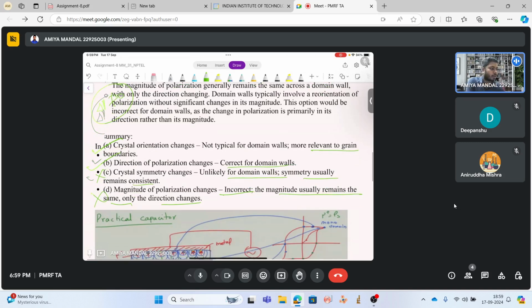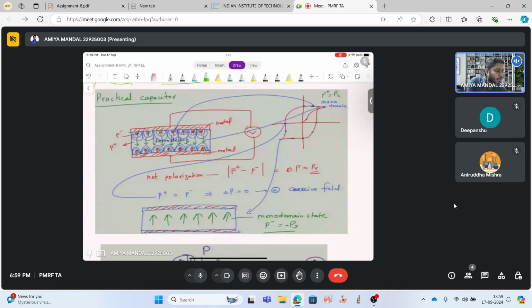You can see here how domains vary for a dielectric material. When we measure the P-E loop, we apply metal electrodes on each surface of the dielectric material, and polarization is generated after we apply the varying AC field. We can see there are different positions on the P-E loop, where at this point monodomains form, meaning the P plus or P saturations are equal.